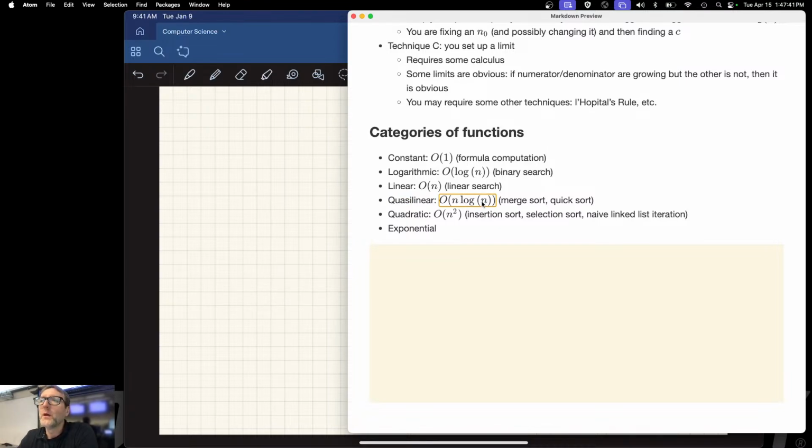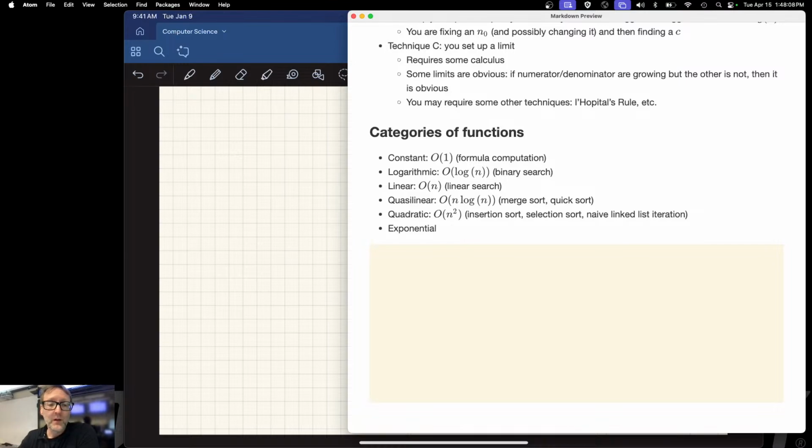But remember, logs grow so slowly. If you take the first derivative of log, it's 1 over n, so the growth rate is actually diminishing. We can probably just ignore that logarithmic term for all practical purposes. We would have to get up to orders of magnitude larger than the universe for this logarithmic term to matter. That linear term is going to dominate.